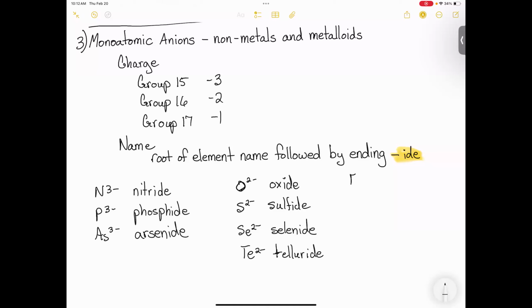Then with group 17, F- is fluoride. And folks, I think I emphasized this once before, but I can't remember in this class. It is fluor, like in a fleur-de-lis. It's not flour-ide, as in the stuff you use to make dough. It's fluoride. Cl- is chloride. Br- is bromide. I- is iodide.